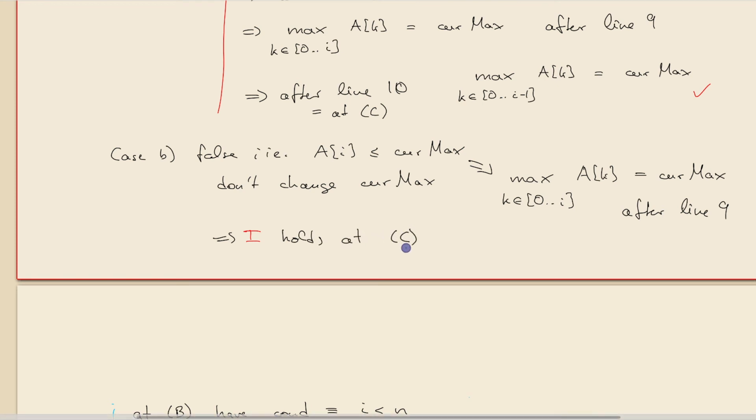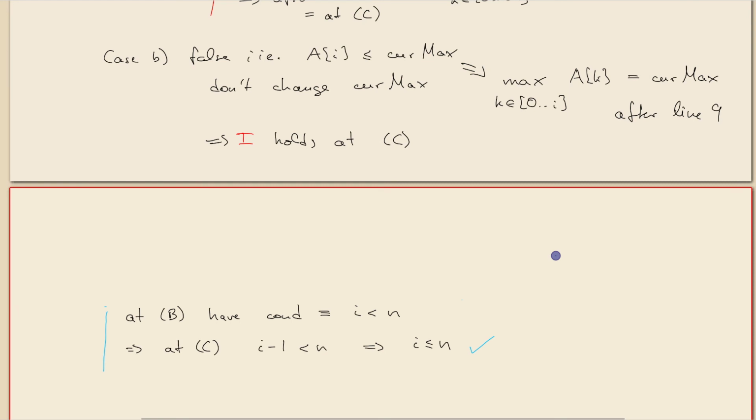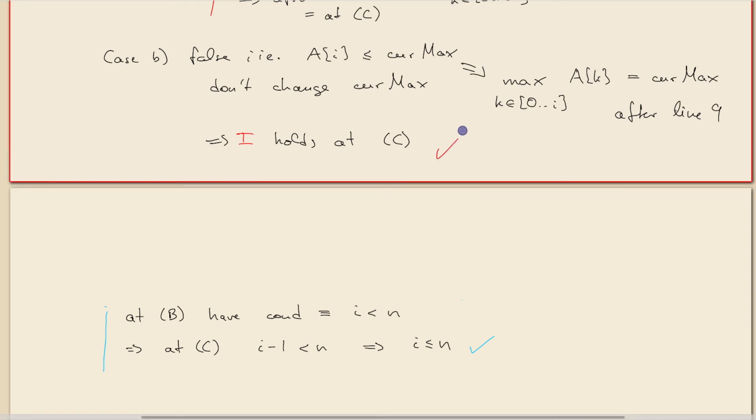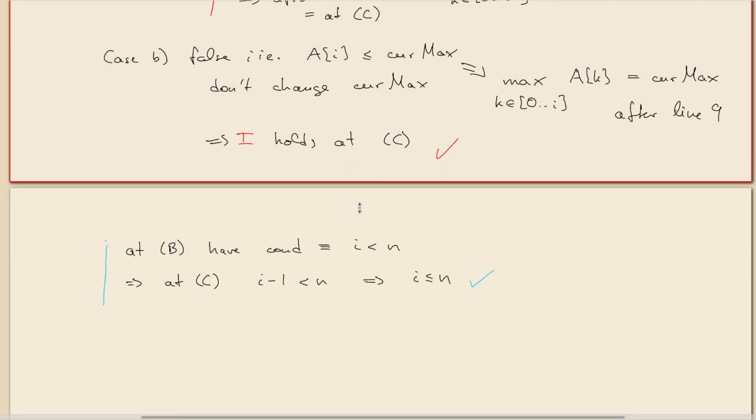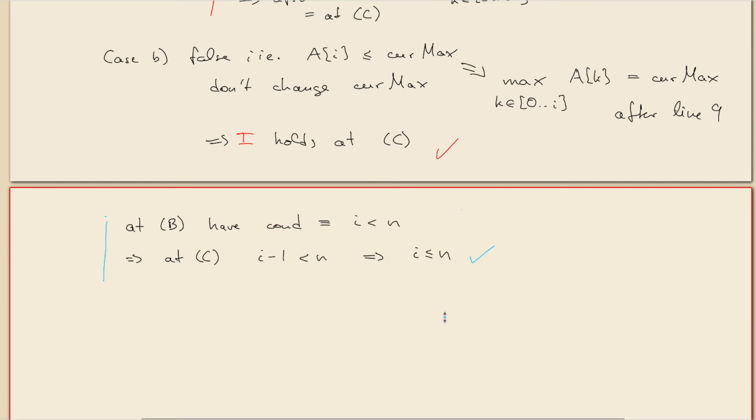At C. Okay. Notice that we're basically following the structure of the code, but we're also following the definition of a maximum. If you add one more element, either that element is a new maximum or it's not. That's all that happens. So that finishes the proof of the red claim in both cases of the case distinction. And we could get rid of the case distinction for the blue part because it behaves the same in both ways.